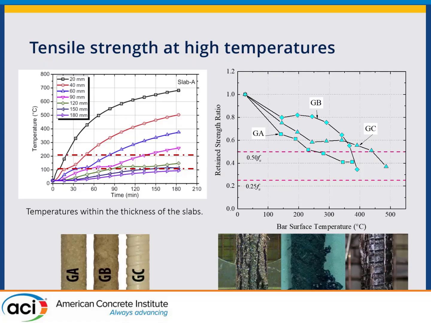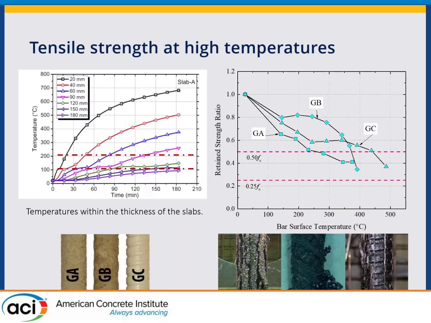So here's the information about the tensile strength at high temperatures. This is more recent work, done in the last 10 years, with 3 different types of bars that are fairly common. Here we're just looking at the tensile strength with temperature. You can see we've taken about half of the ultimate strength, showing a curve here, and we're getting values in the range of something like 300 to 400 degrees, depending upon the type of bar.